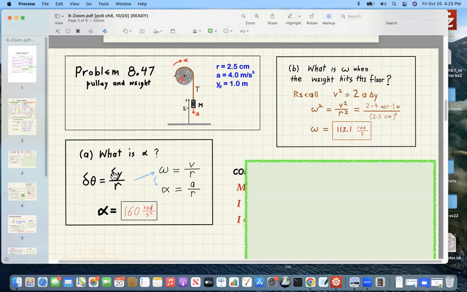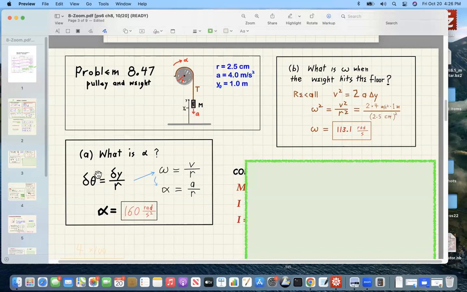If y changes by some amount, there's a change in the angle, the orientation of the disk. The change in the angle is the change in y divided by r, where r is the radius of the disk.